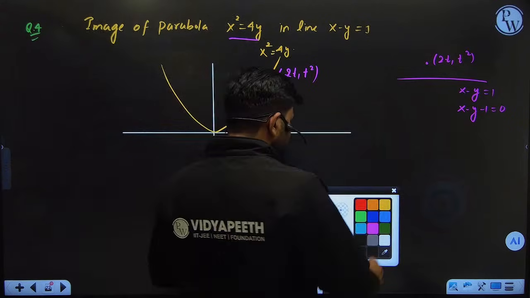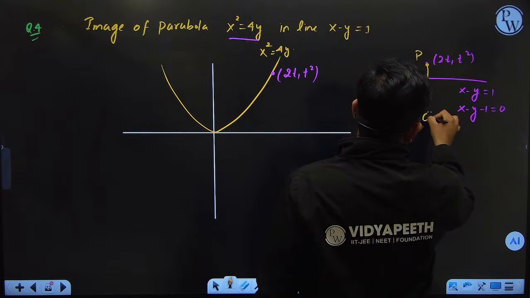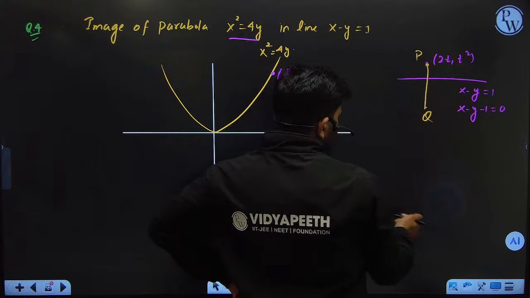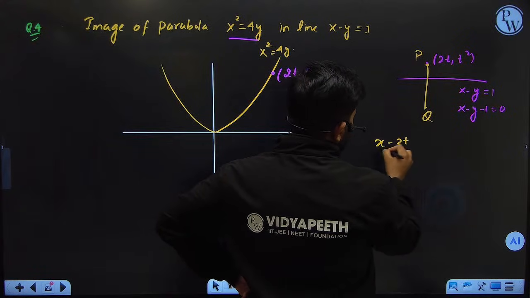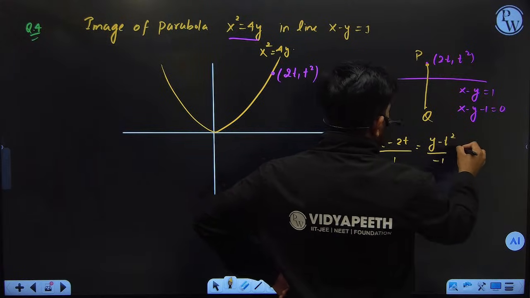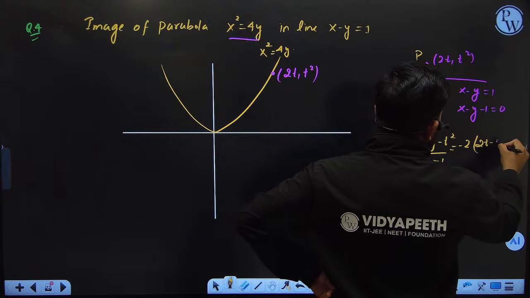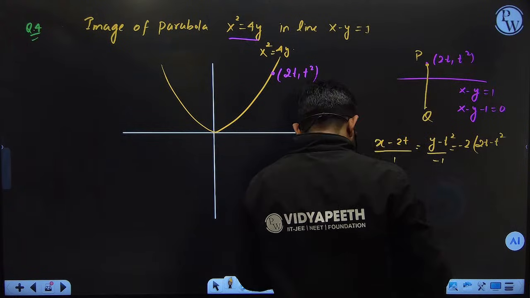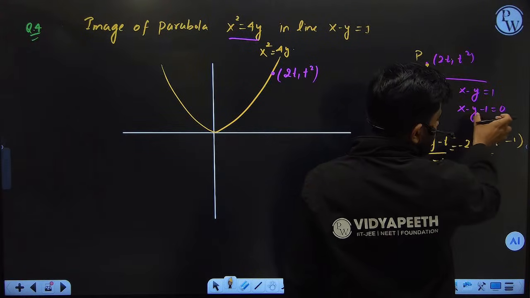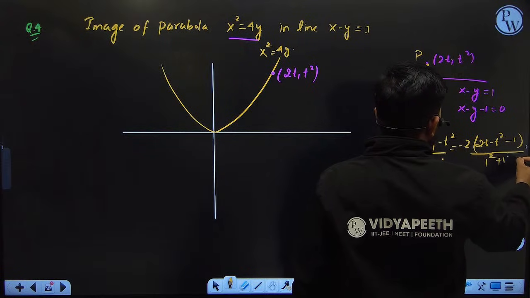If we find the image of this point, let this point be P and the image be Q. So what will be the coordinates of Q? We use the formula (x minus x1) by A equals (y minus y1) by B equals minus 2 times (A x1 plus B y1 plus C) divided by coefficient of x square plus coefficient of y square.